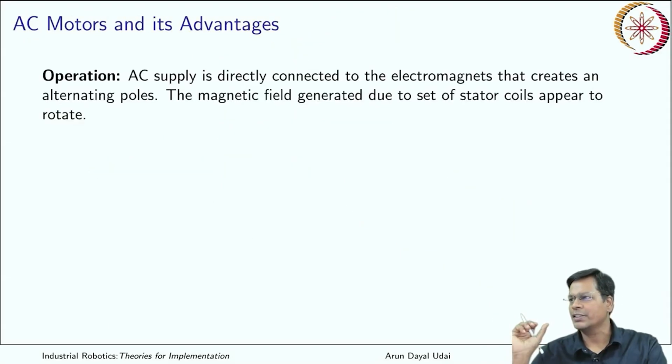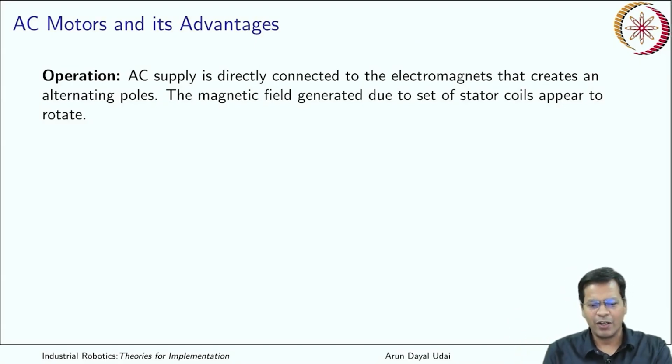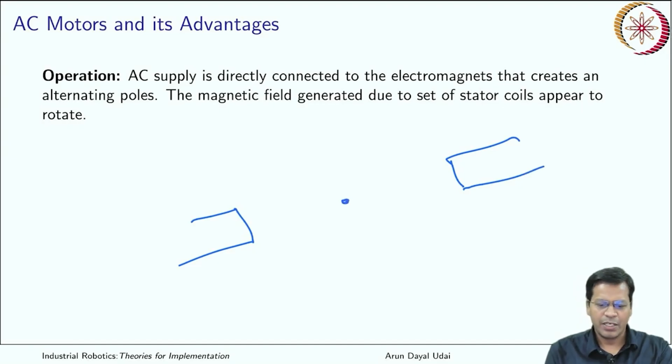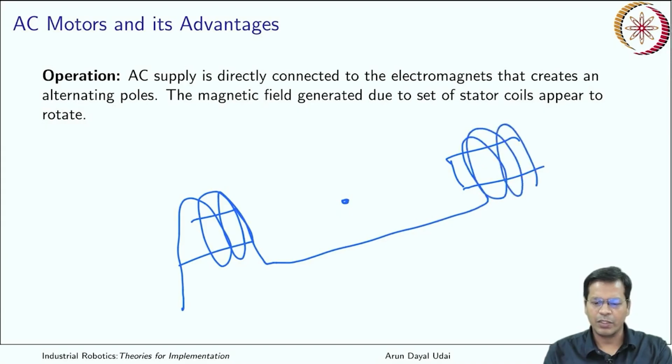Operation-wise, AC supply is directly connected to the electromagnets, which creates alternating poles. You already know from your earlier knowledge what you saw: there is a magnet, in between you may have a shaft, and you have a coil wound like this.